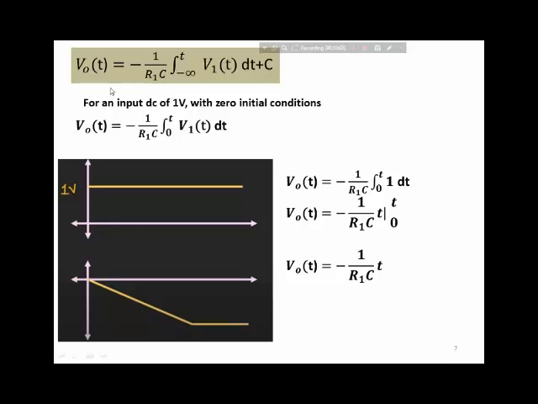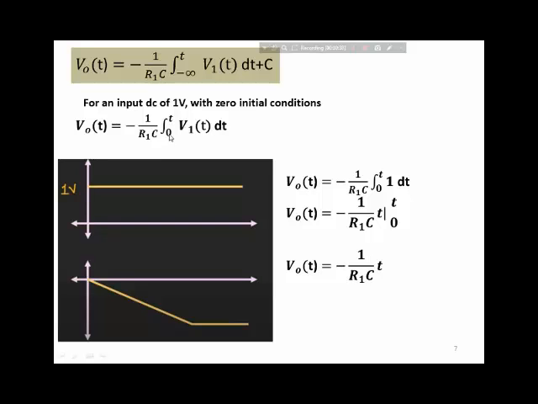And now, for an input DC of 1 volt with initial condition 0, what would be the output of the integrator? That is what we are going to see. As the initial condition is 0, we can start our integration from 0.